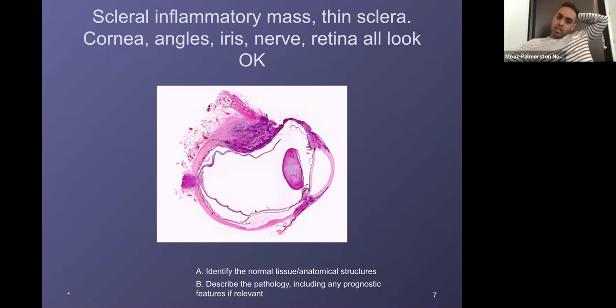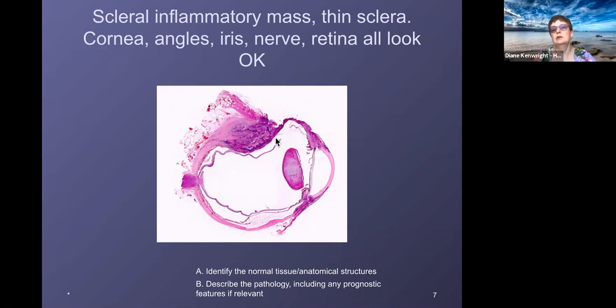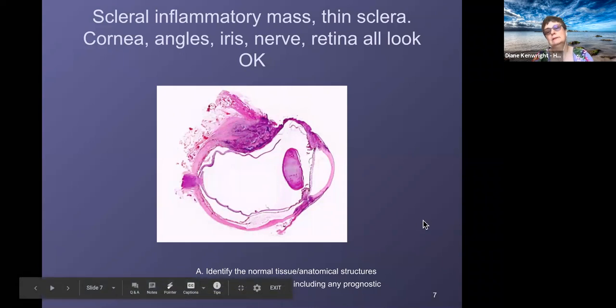What about the staining and the color of the inflammatory cells? Will that be any help? Yeah, there's lots of purple in there because it's full of lymphocytes, which naturally have a high nuclear cytoplasmic ratio. Usually tumors are purple, that's true, but sometimes masses of inflammation are purple too.